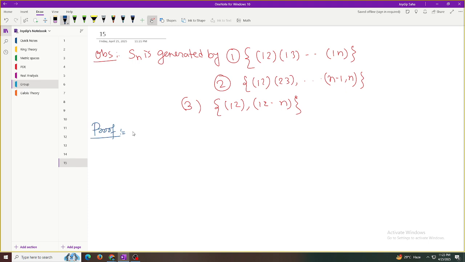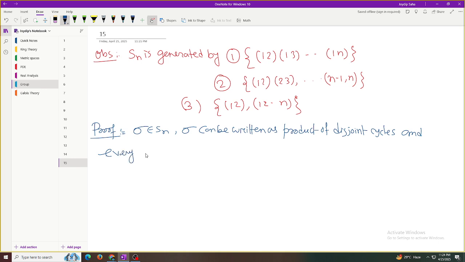We know that every sigma belongs to Sn can be written as a product of cycles, and every cycle can be written as a product of transpositions.